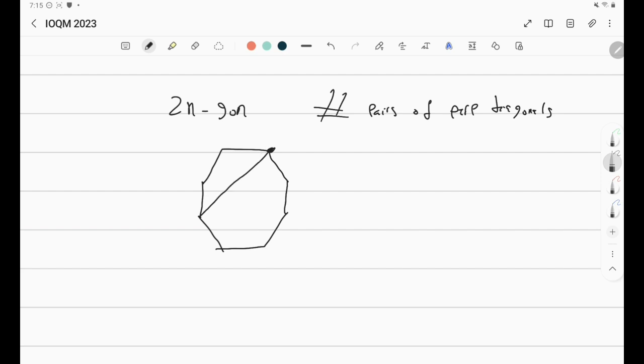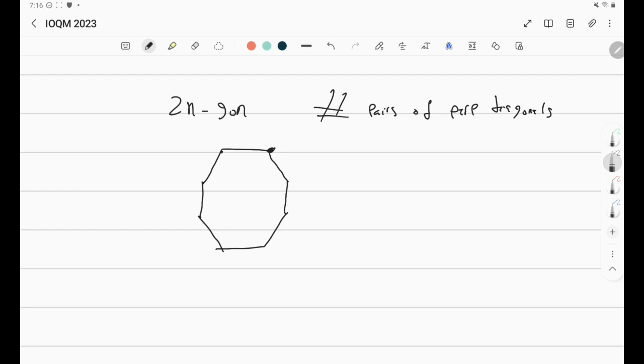If you draw this, then you have two diagonals that you can choose to form a perpendicular, one from here and the other from here. Okay, my diagram is not accurate. Actually I think I messed up. It should be like this. Yep. So you get 2, and if you keep going, you get more and more. So here you get 3, here again 2, and so on.